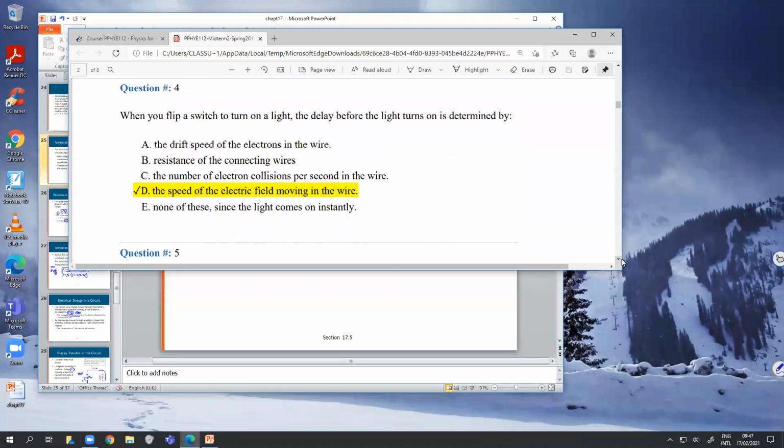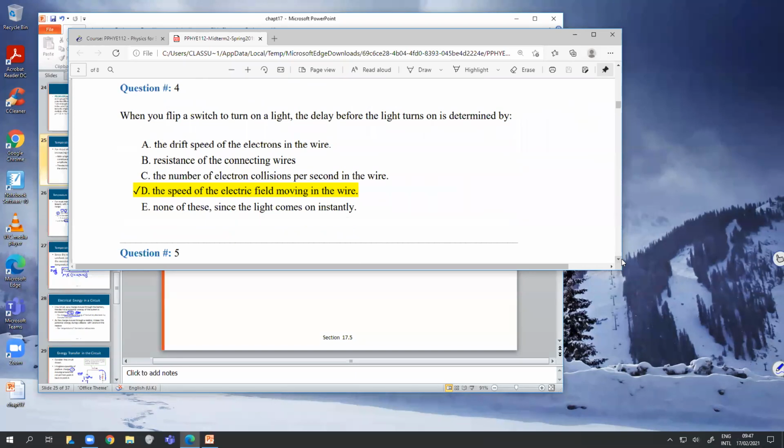Number 4: when you flip the switch to turn on a light, the delay before the light turns on is determined by, you know this answer, right? It's one of the concepts we discussed at the start.